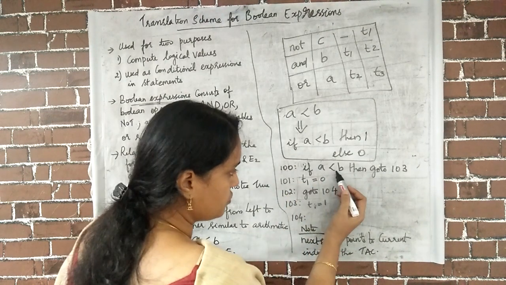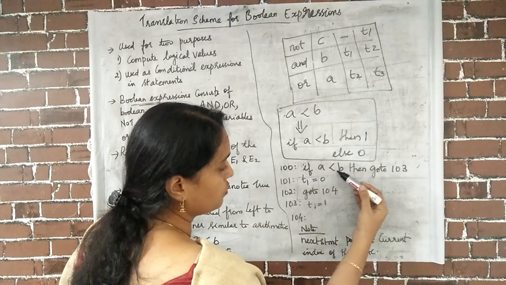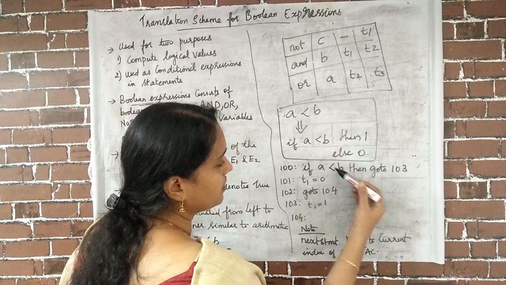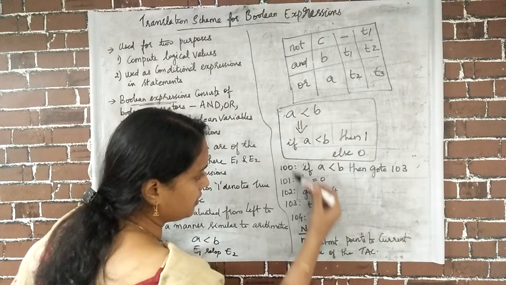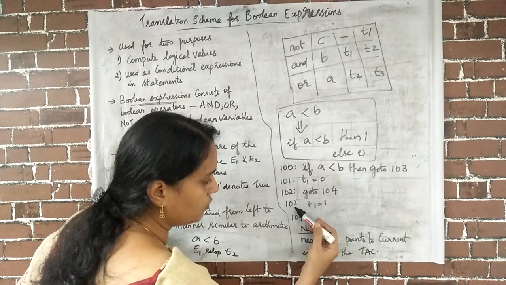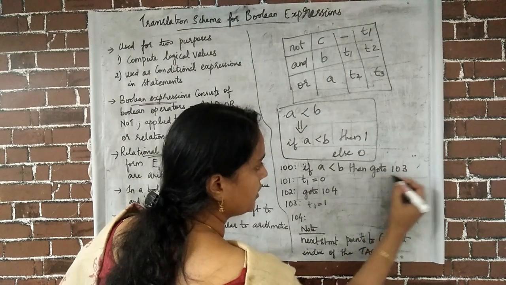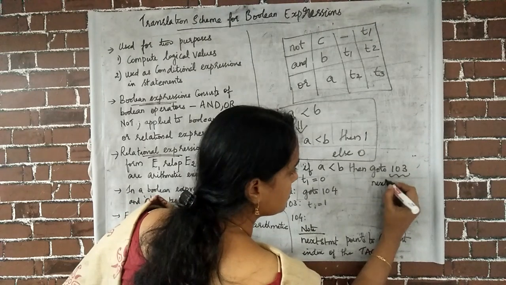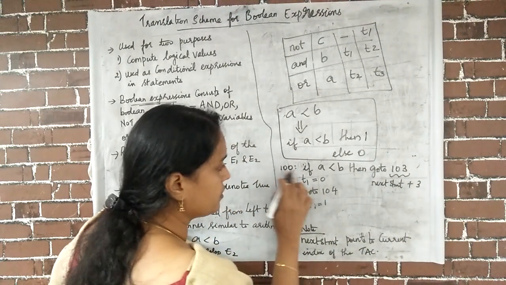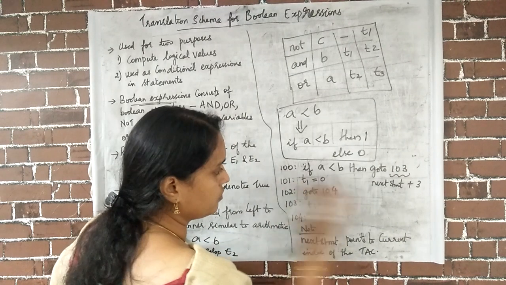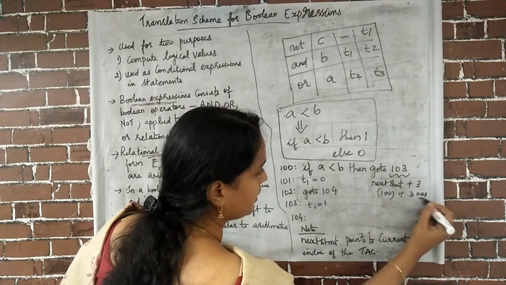If the condition is true, it has to go to next statement plus 3. Next statement means the current index of the three address code. So next statement here is 100, and plus 3 is equal to 103.